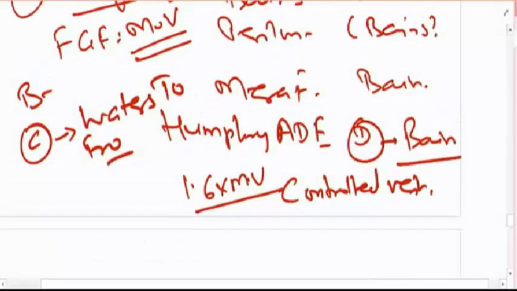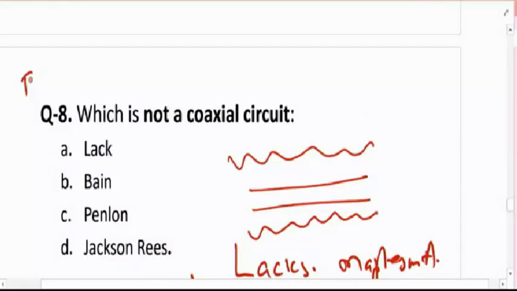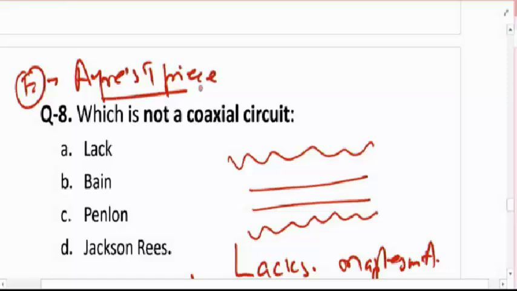Then comes Mapleson E, also known as Ayre's T-piece. The modification of Mapleson E is known as Mapleson F, which is the Jackson-Rees modification.